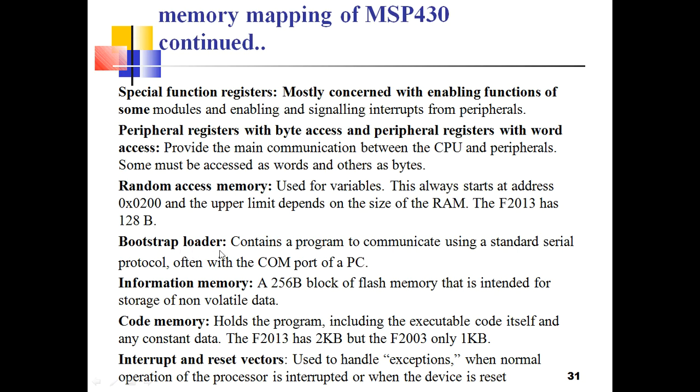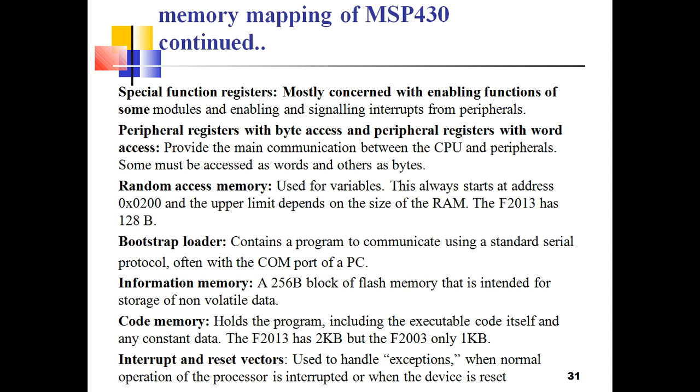Next one, bootstrap loader contains a program to communicate using standard serial protocols, often with the COM port of a PC. Next one, information memory. It has a 256 byte block of flash memory that is intended for storage of non-volatile data. Next, you have the code memory, which holds your programs including executable code itself and any constant data. Its upper limit also depends on the size of the flash.